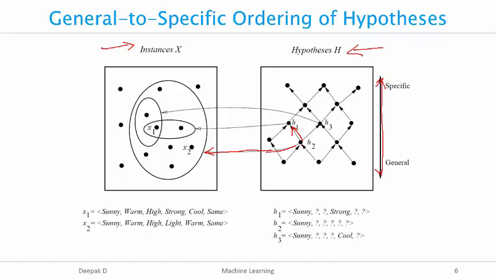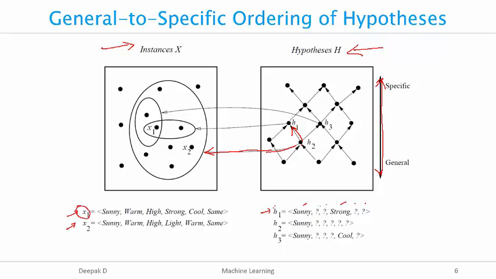Let's consider an example here. We have x1 as an instance, and x2 is another instance. H1 has constraints on attribute values: Sunny is there, and any value is acceptable, strong, any value is acceptable. I need to check whether my hypothesis is consistent with, or satisfies, x1.